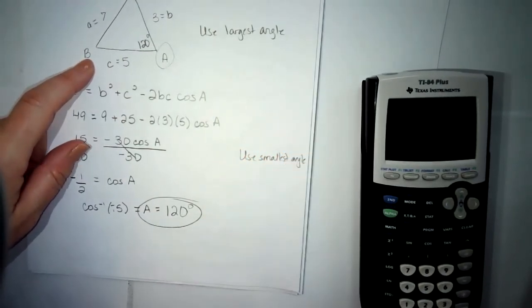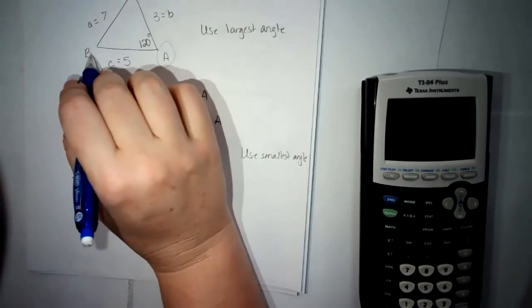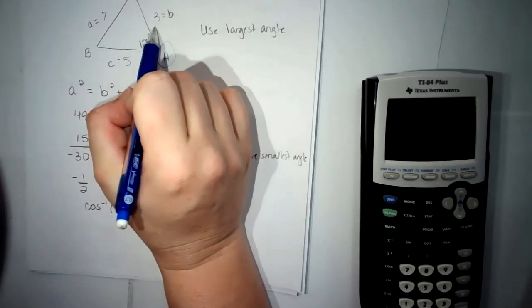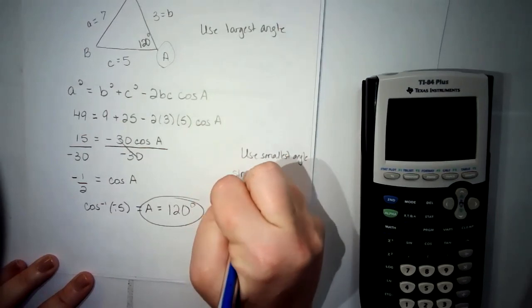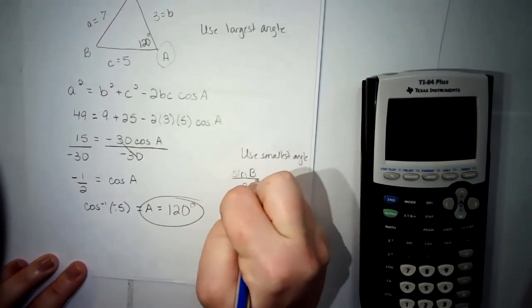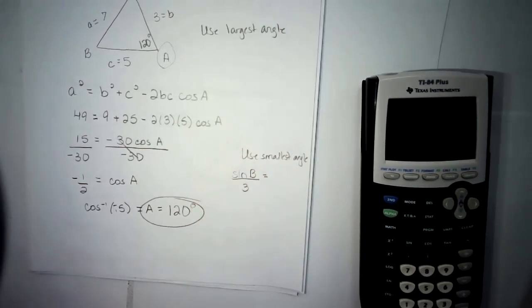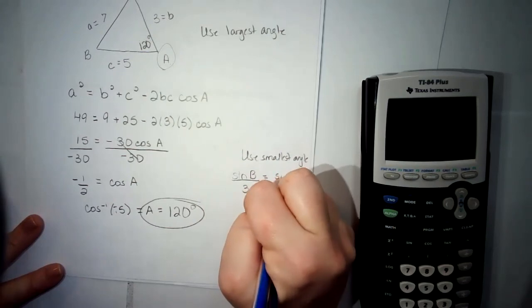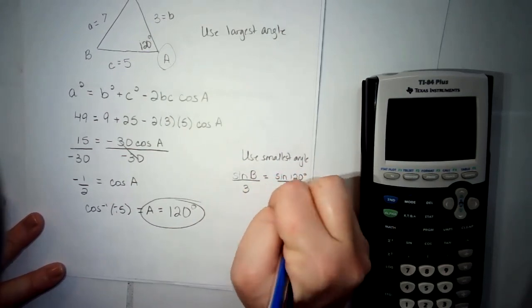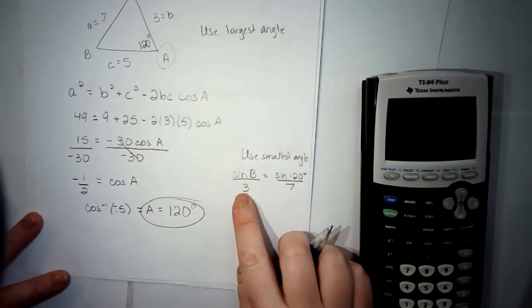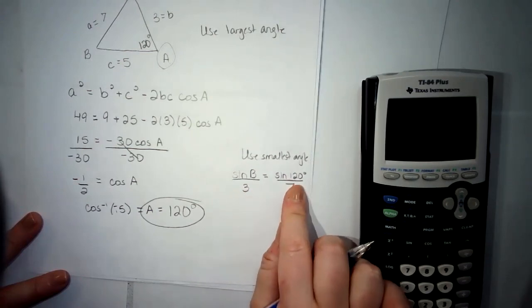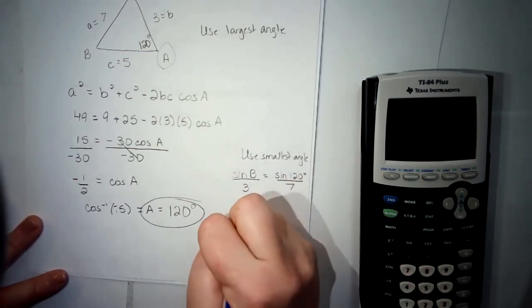So who's the smallest angle? B. Again, because there's a little 3 across from him. So we know he's the smallest. Okay, so sine B is going to go on top. We're going to use our information for A because it's all we have. There we go. I'm going to, in my calculator, do 3 times sine of 120 divided by 7.